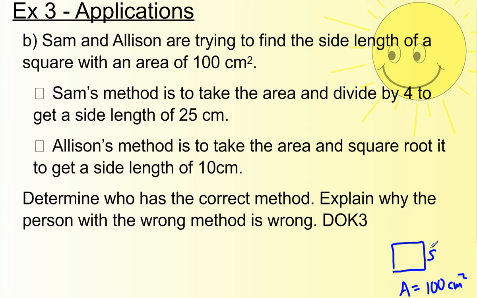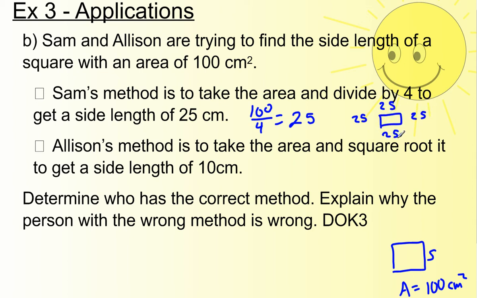Sam's method is to take the area and divide by 4 to get a side length of 25. Okay, so he took 100 divided by 4, which does equal 25. And he thinks that's how big each side is. So he thinks each side here is 25, 25, 25, 25.